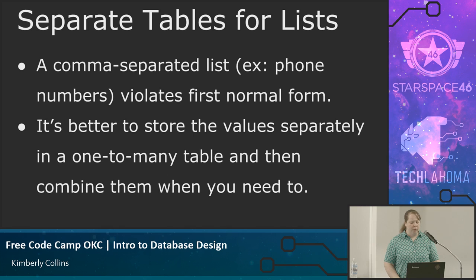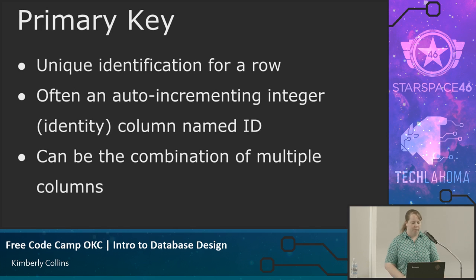It's always better to store those values separately and then combine when you need to, instead of storing combined and separating when you need to. We want to store each thing separately. So in the case of people and phone numbers, we would probably have a person table and store the multiple phone numbers in a one-to-many table, because you can have multiple different phone numbers.